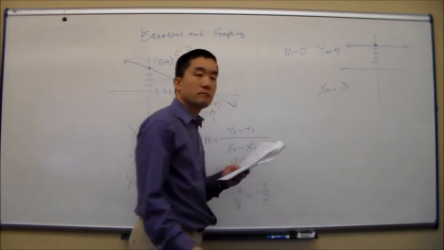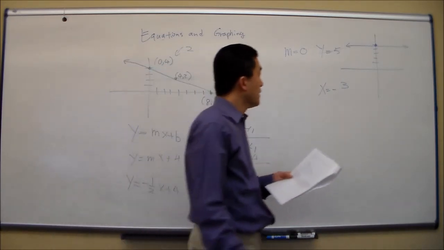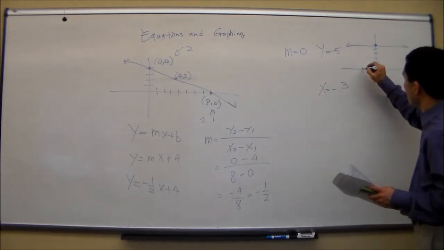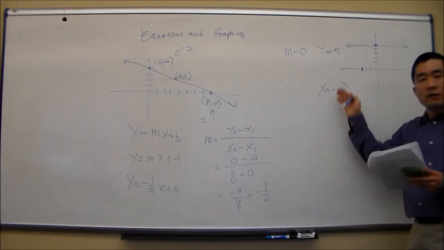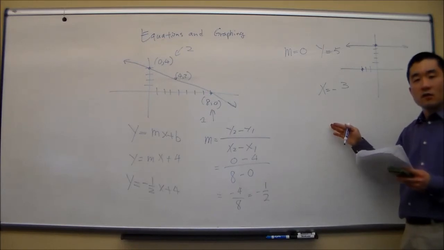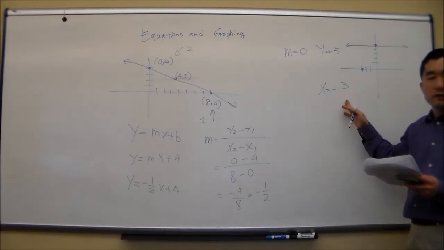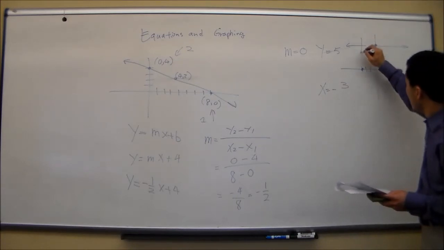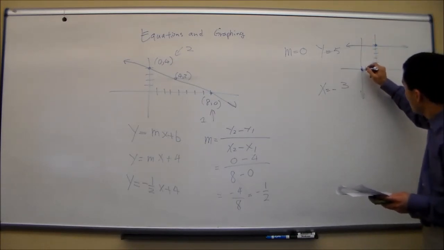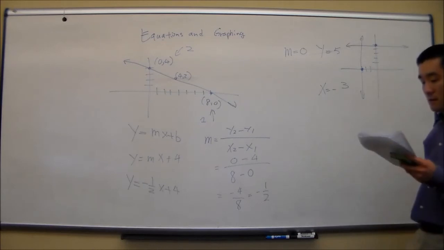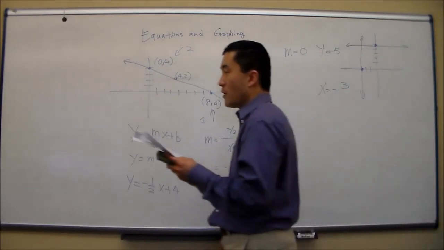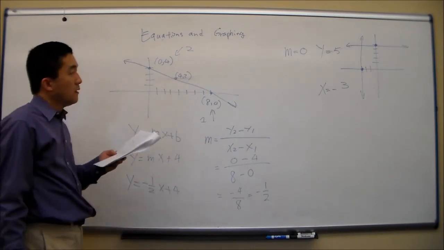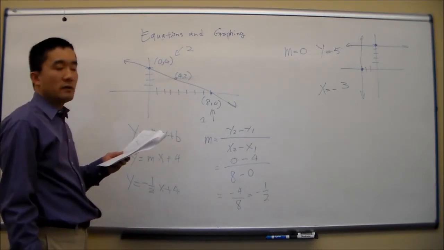Okay? How about x is negative 3? 1, 2, 3. So that means it doesn't matter what the y is, the x is always going to be negative 3. So that is represented by a line that's vertical. What is the slope of a vertical line? Well, by definition, we don't know.